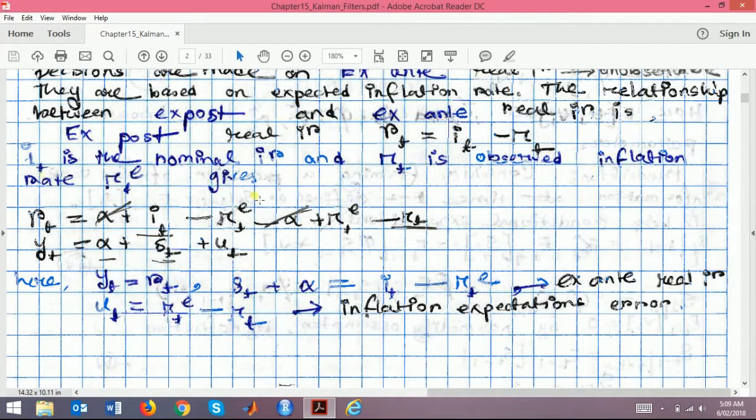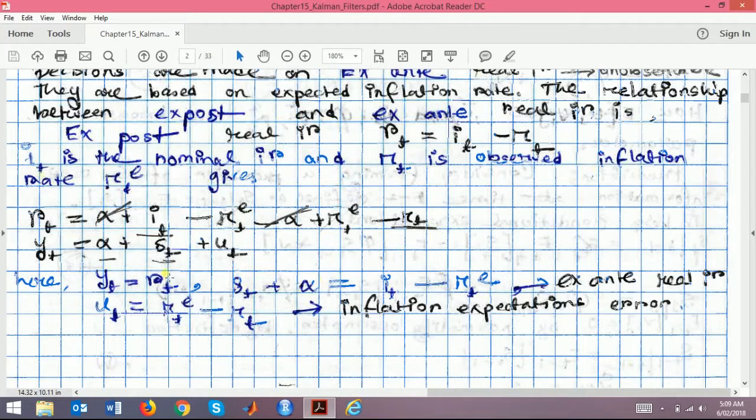So you had the ex ante interest rate, you have the ex post interest rate, and that gives you the deviation from your forecast to the real observed interest rate. So when you didn't know about the inflation rate versus when you do know about the inflation rate, it gives you some degree of deviation which we want to reduce in different iterations.